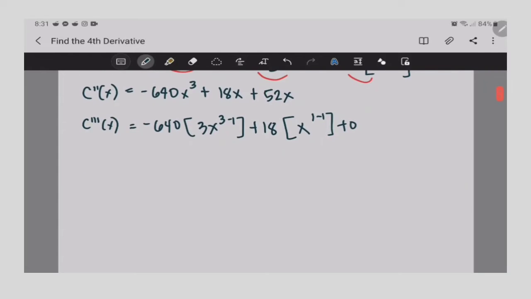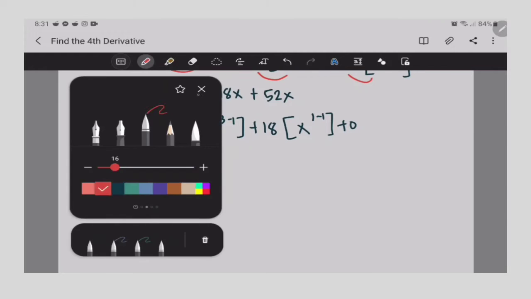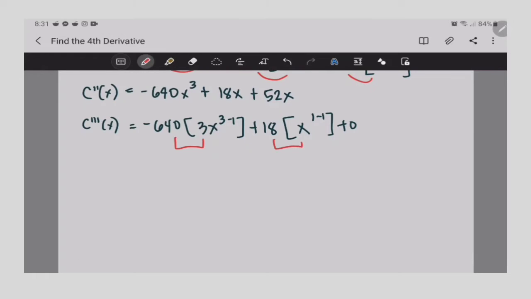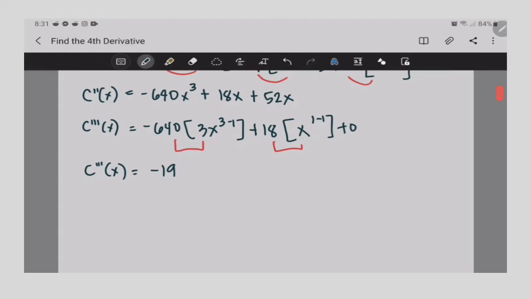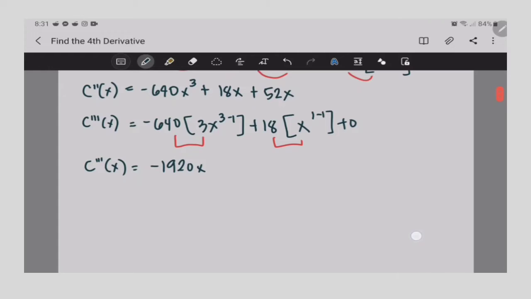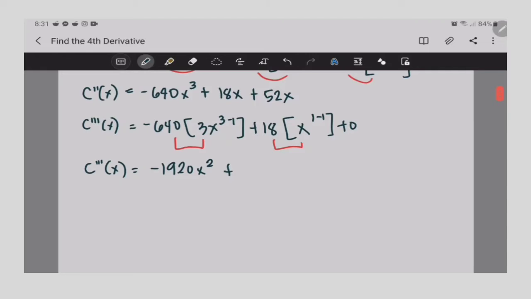So the same as the previous derivation, we have to multiply. So we have the third derivation of c of x is equal to negative 640 times 3 will be negative 1920. Then copy the x, then 3 minus 1 is equal to 2, so negative 1920 times x squared plus 18 times 1, so 18, copy the x.